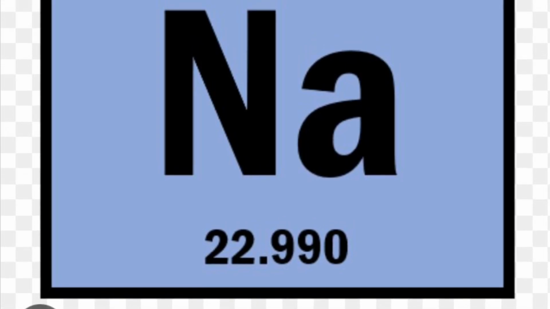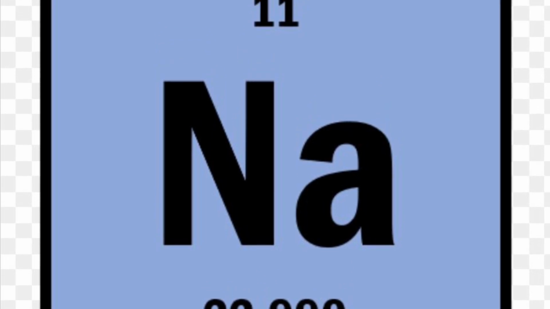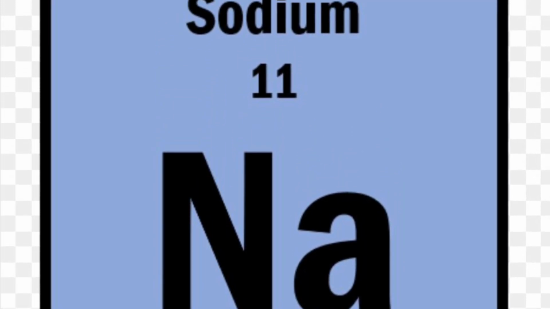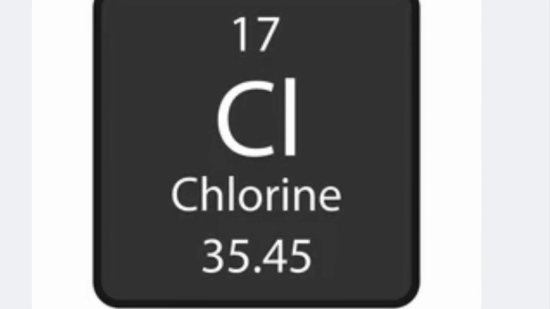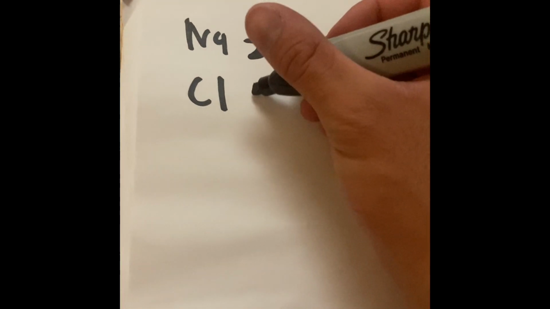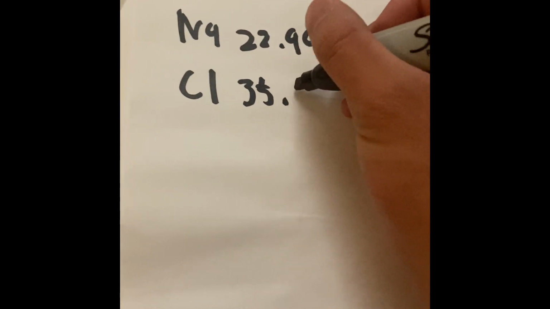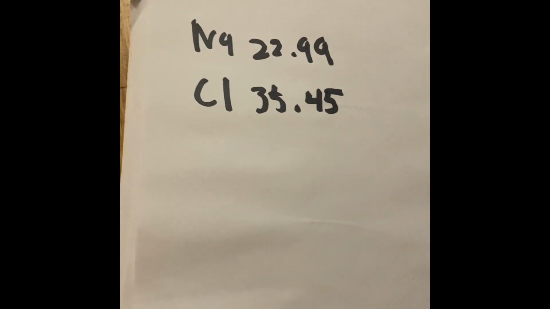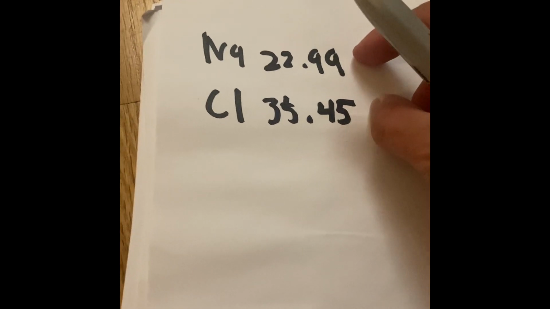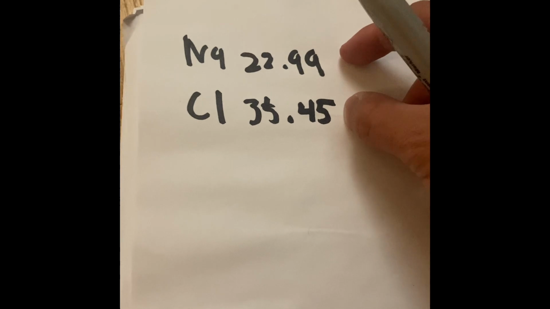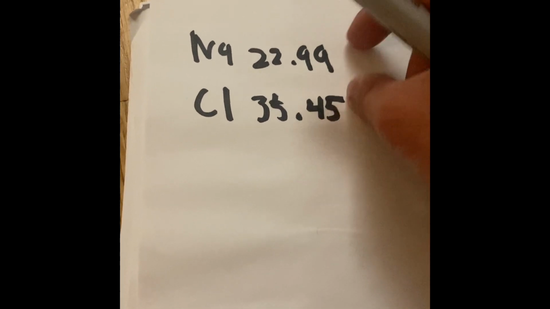With sodium, the molar mass is 22.99. And the molar mass for chlorine is 35.45. Referring to the other video last time, that is how much mass in grams it would feel like if we had 1 mole of these.